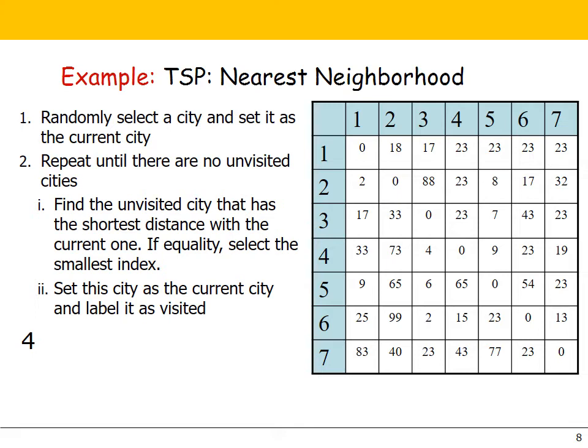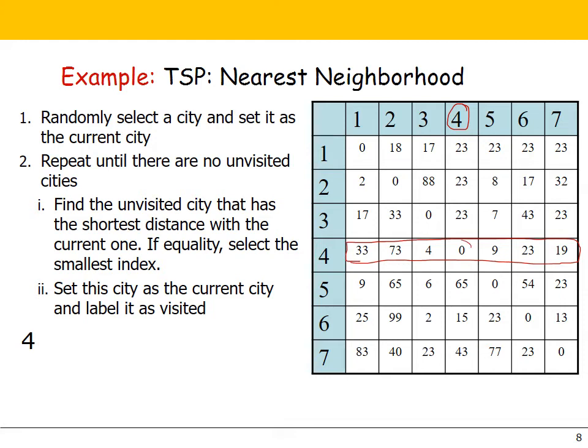We are currently in city 4, so let me put a label over here so that we can understand we are dealing with 4. Okay, then it says to find the unvisited city that has the shortest distance. So unvisited cities are 1, 2, 3, 5, 6, 7. And I will look at this row over here. And inside this row, I will find the minimum.